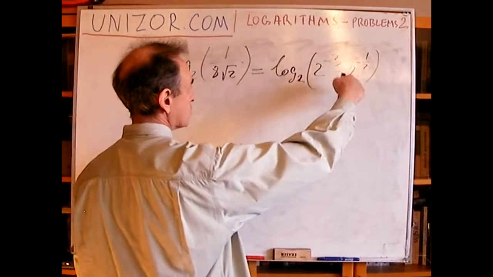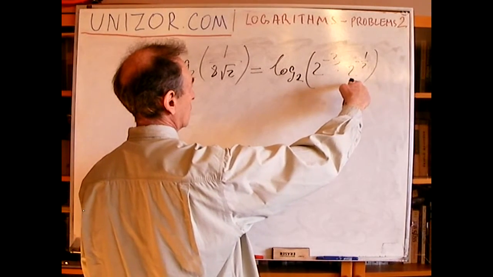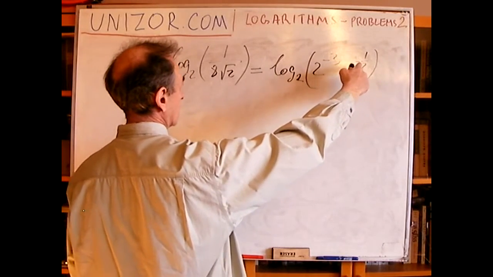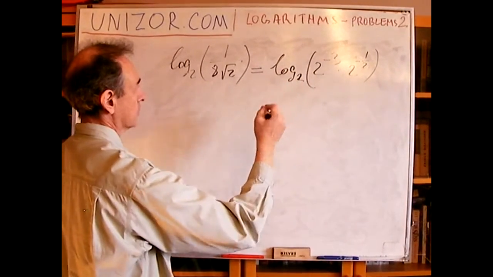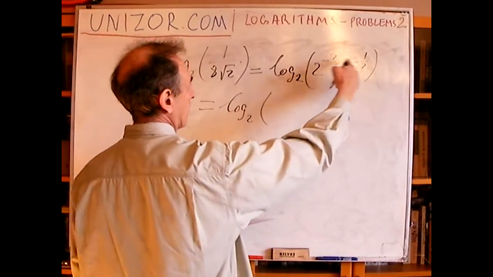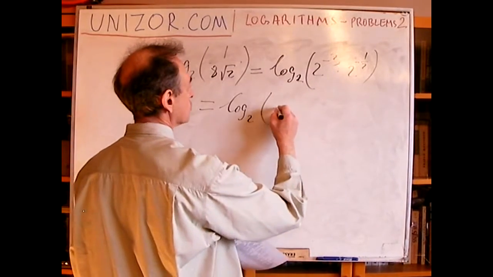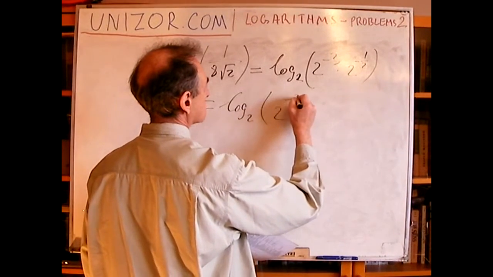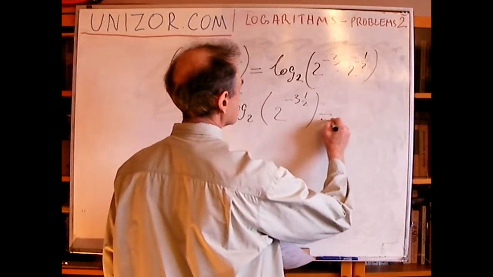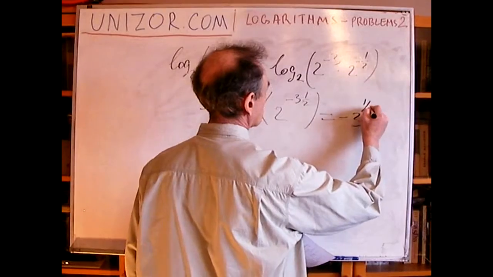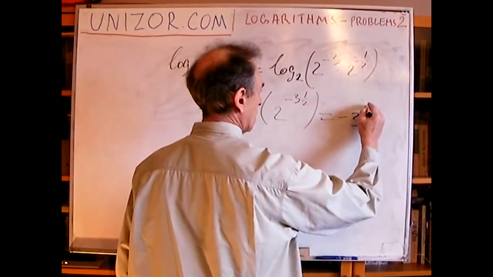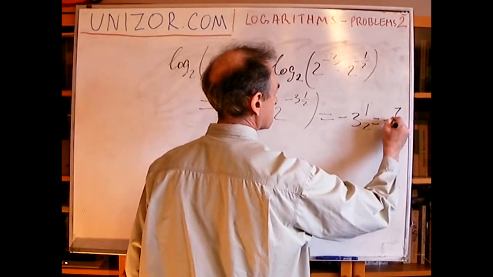So minus gives you 1/2, and the power of 1/2 gives you square root. Now you have to add exponents, so it would be 2 to the power of minus 3 and 1/2. Oh, sorry, 3 and 1/2, which is minus 7/2.